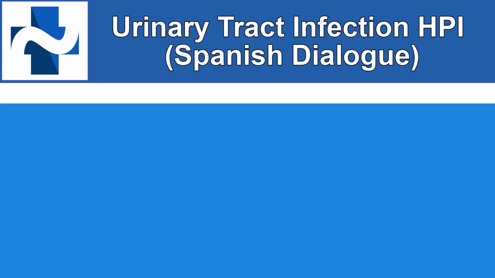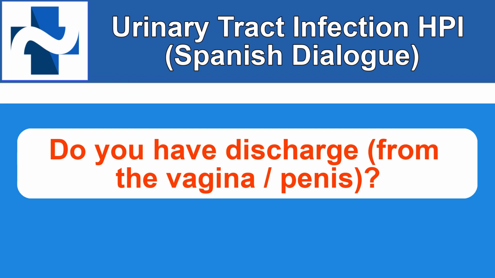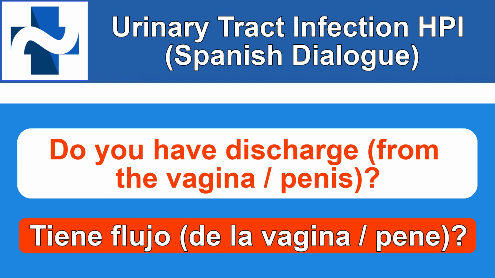Next phrase. Do you have discharge from the vagina or penis? So of course you're just going to pick one or the other, but I'll say both. ¿Tiene flujo de la vagina o pene? ¿Tiene flujo de la vagina?